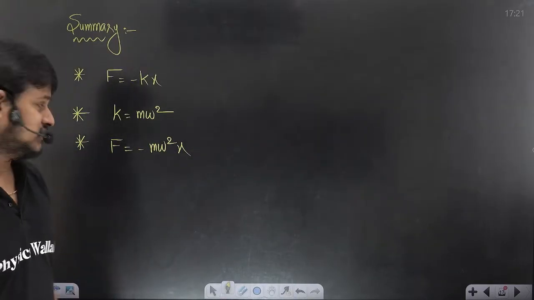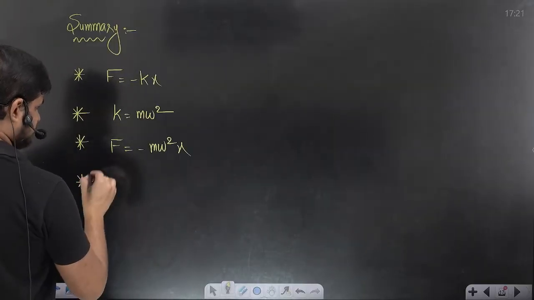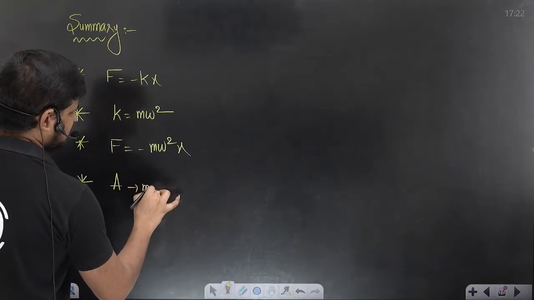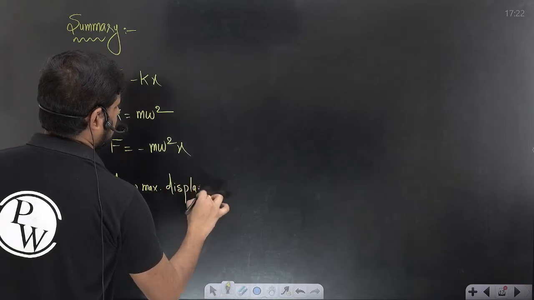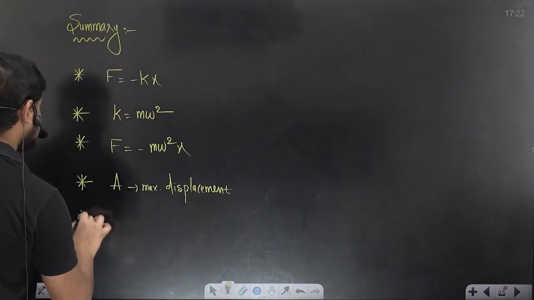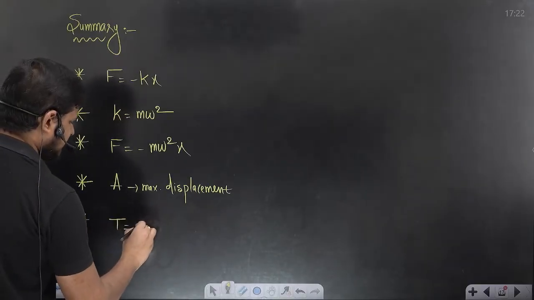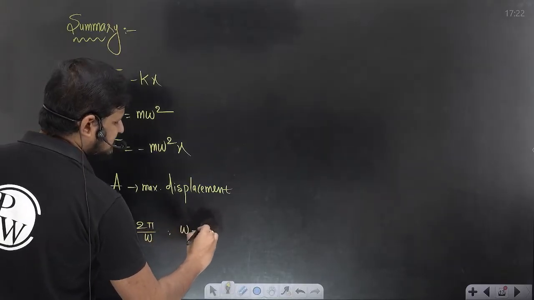Done this part? Chalo. And then we also wrote that amplitude A is the maximum displacement of the particle which is performing S.H.M. And then we have seen the time period T is equal to 2 pi by omega, or omega is equal to 2 pi f.